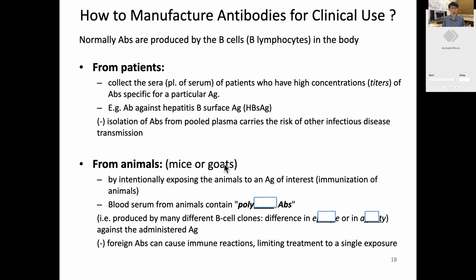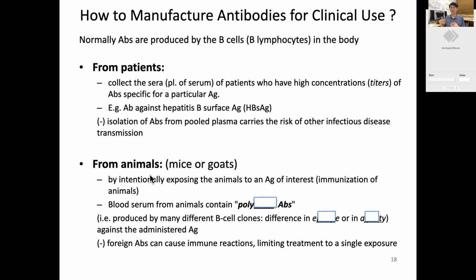Antibodies are pretty expensive, and the reason is that when we generate them, we are intentionally exposing the animal to a specific antigen of interest, or immunizing the animal, such as hepatitis B surface antigen.